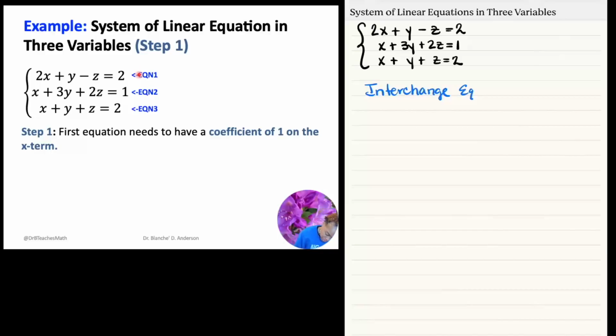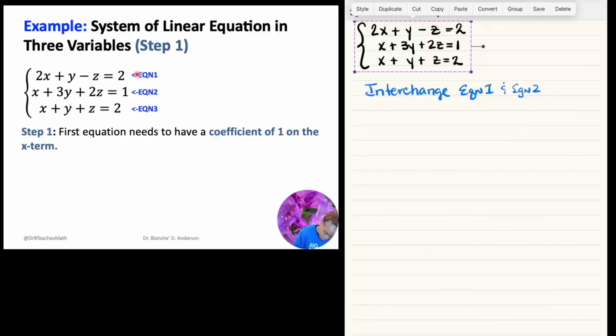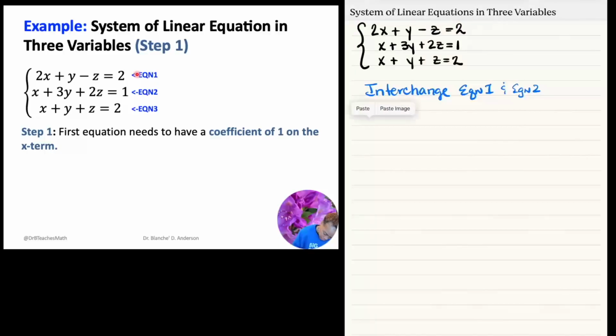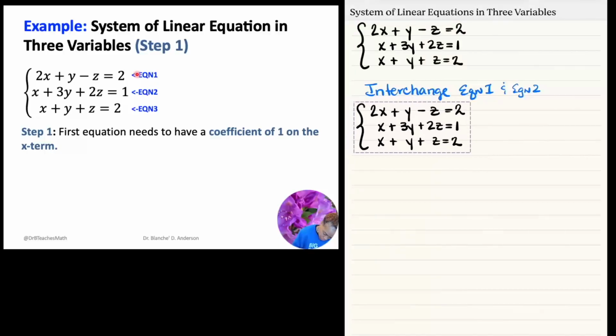I'm going to interchange equation 1 and equation 2. Basically what that means is I'm going to take this equation and rewrite it, paste it, and we're going to switch equation 1 and equation 2.